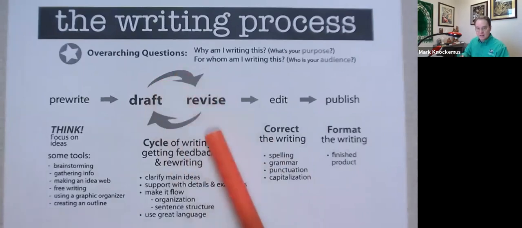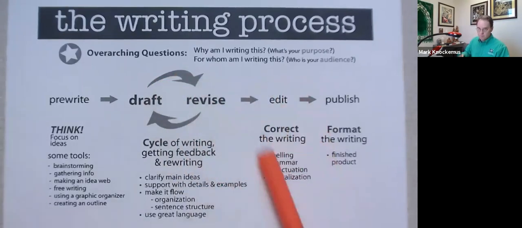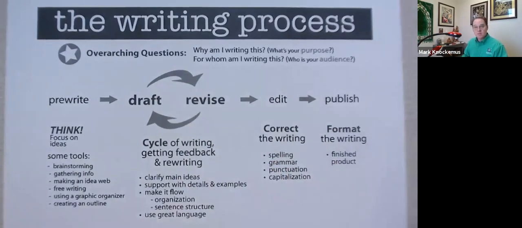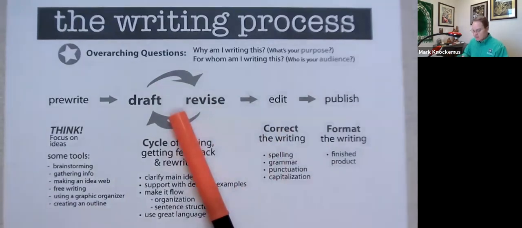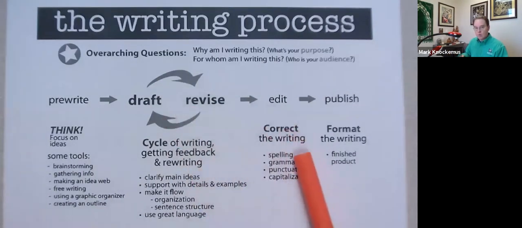Then once you get the content down, what comes next? Editing and correcting the writing. Why is that, Mr. K? Again, content. And then what do we worry about? All of the nuts and bolts of writing. Why?